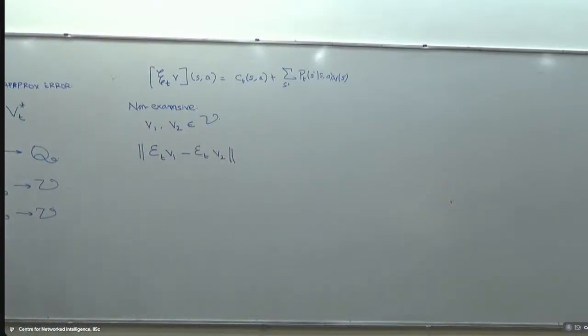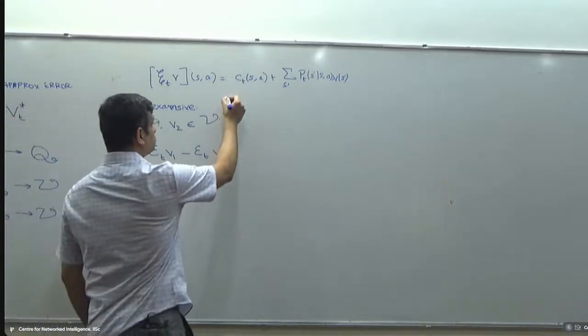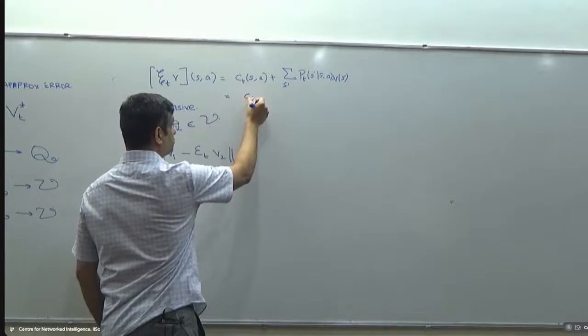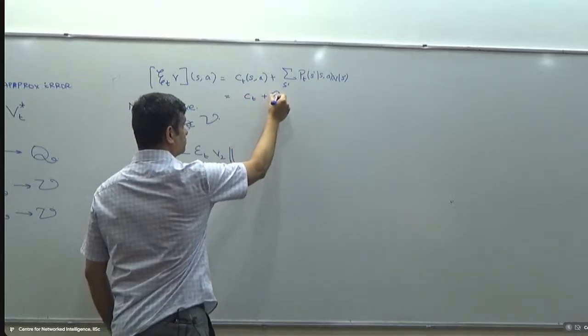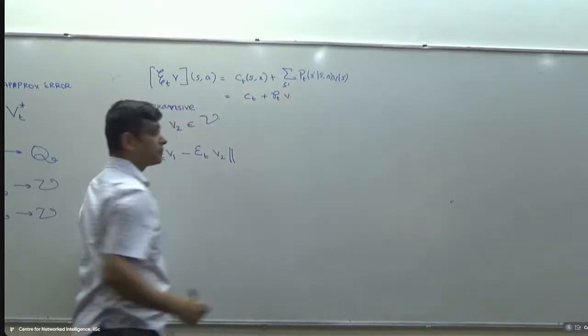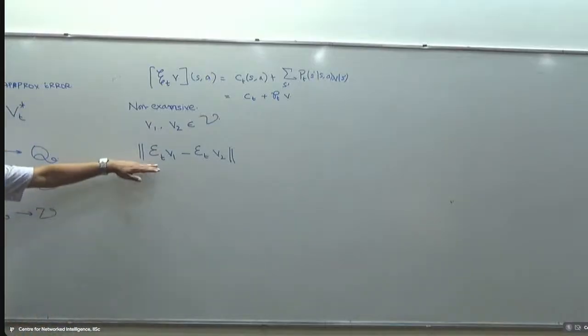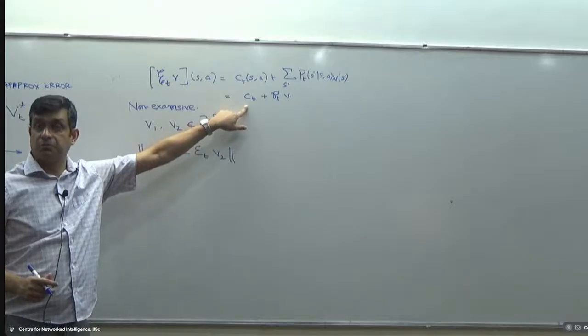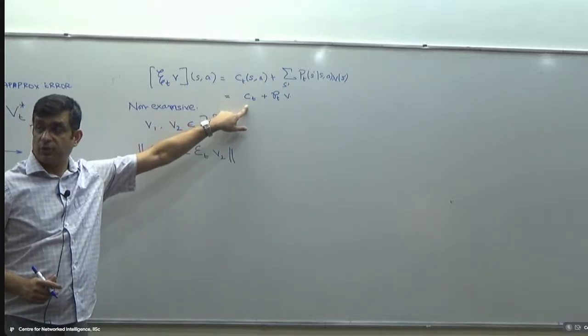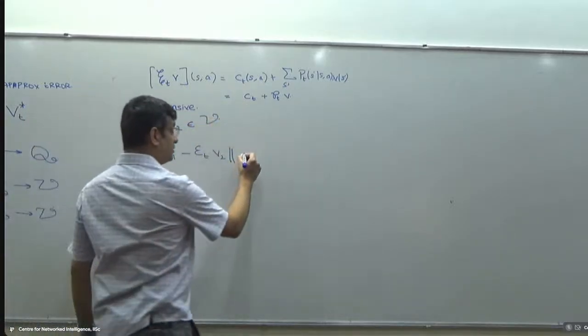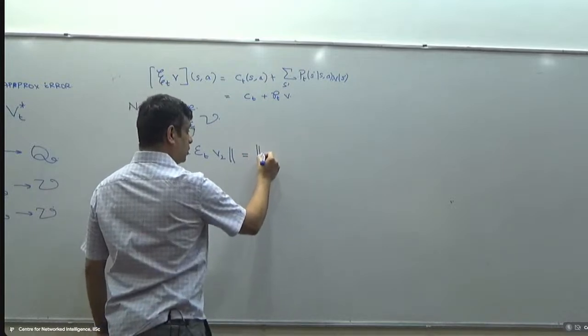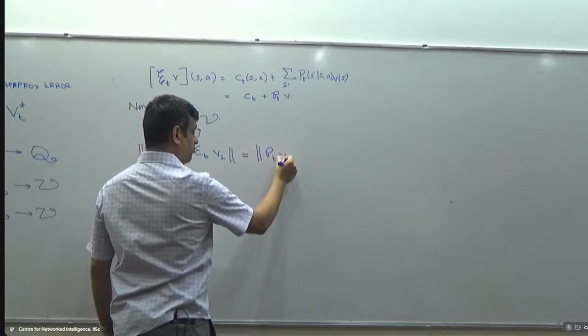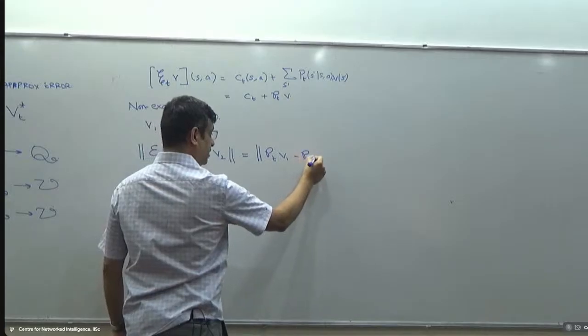Now, recall that I am going to be writing this in the short form as C_t plus P_t times V. Both of these operators have the C_t term, so that is going to cancel out. So, I will get that this is really equal to P_t of V1 minus P_t of V2.